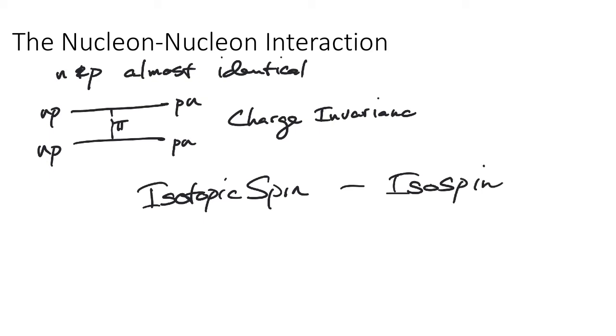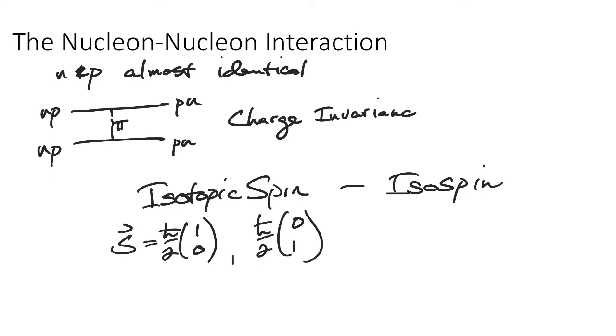So for regular spin, we can have h bar over 2 spin up, or h bar over 2 spin down states, that's one way to describe it. For isospin, we have the states p and n. In other words, we can have the proton being the 1, 0 state and the neutron being the 0, 1 state.